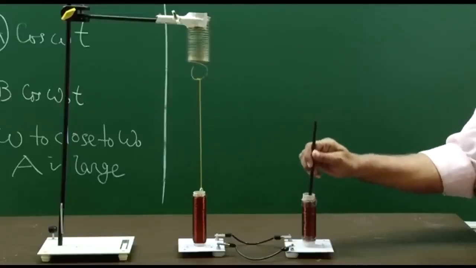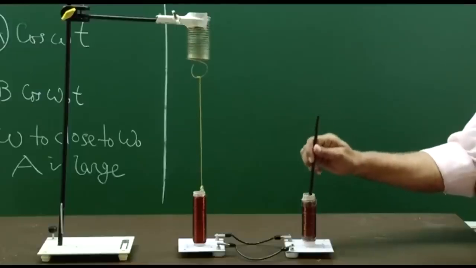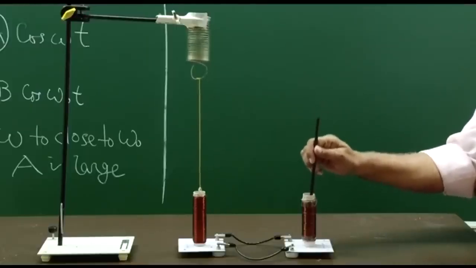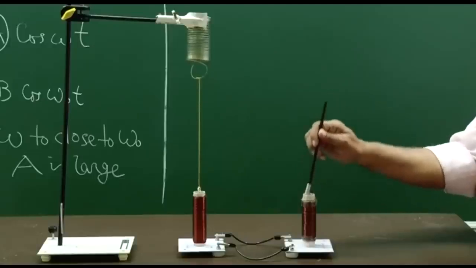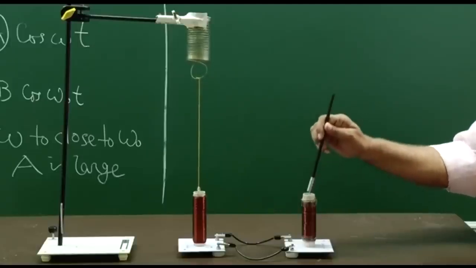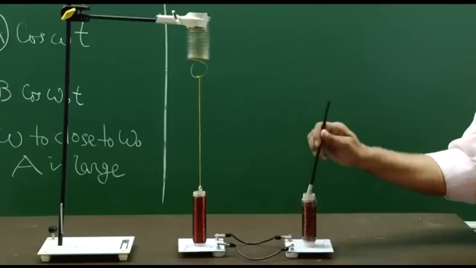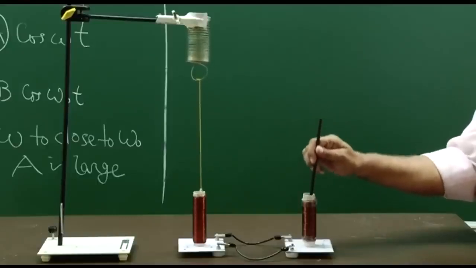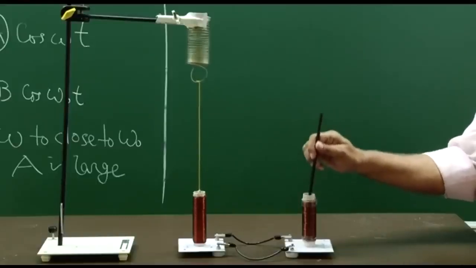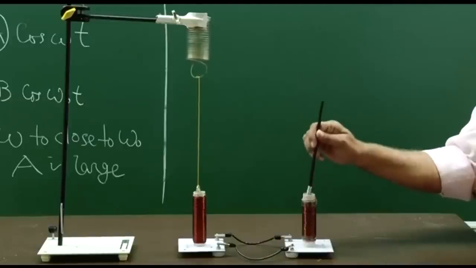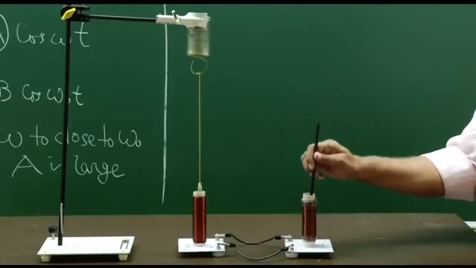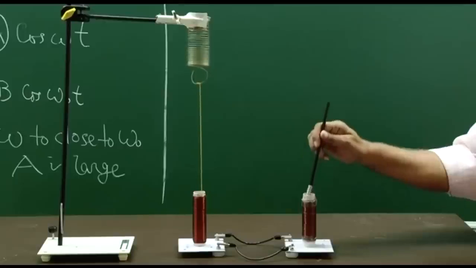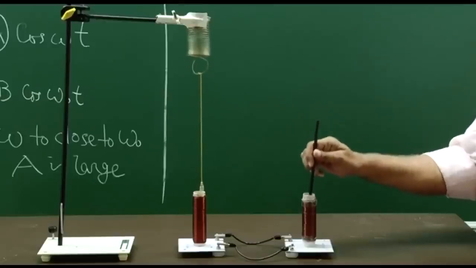The magnet is now oscillating with a much larger amplitude, whereas if I decrease the frequency, the amplitude goes down. If I increase the frequency too much, the amplitude goes down, but if I keep the frequency somewhere here, the oscillation amplitude is maximum. So, this is resonance, this is resonance.